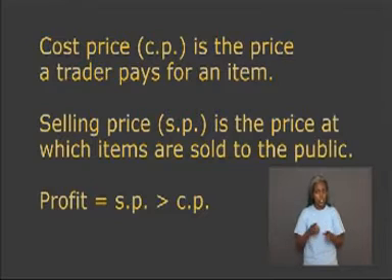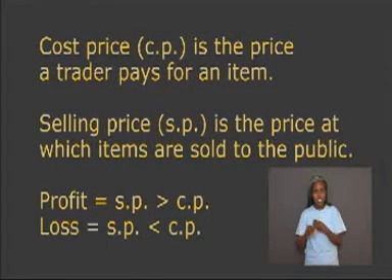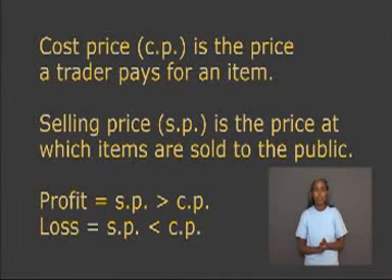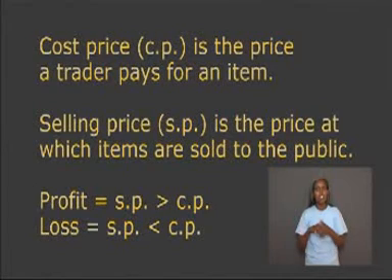When the selling price is greater than the cost price, the trader makes a profit. If the trader sells the article for less than what it cost, the trader suffers a loss. Both loss and profit are calculated as percentages of the cost price.